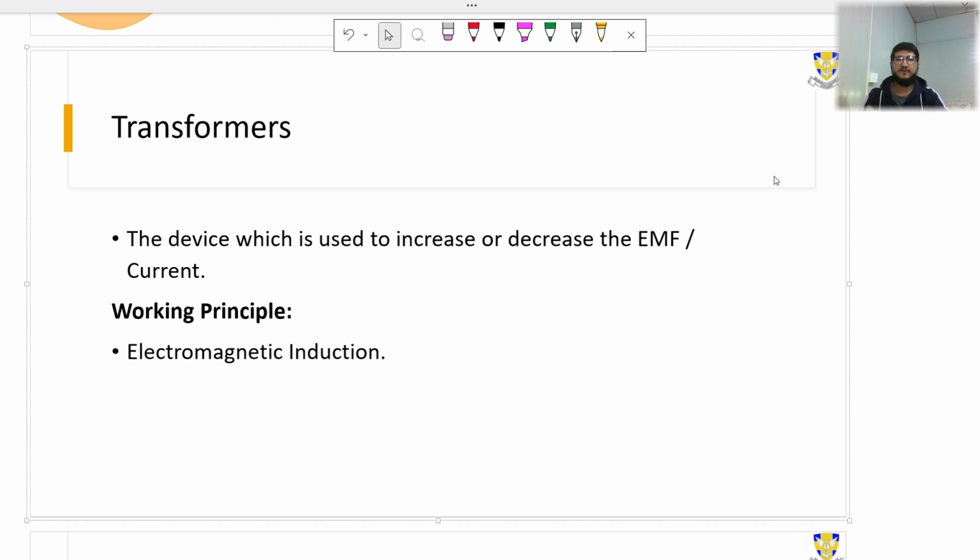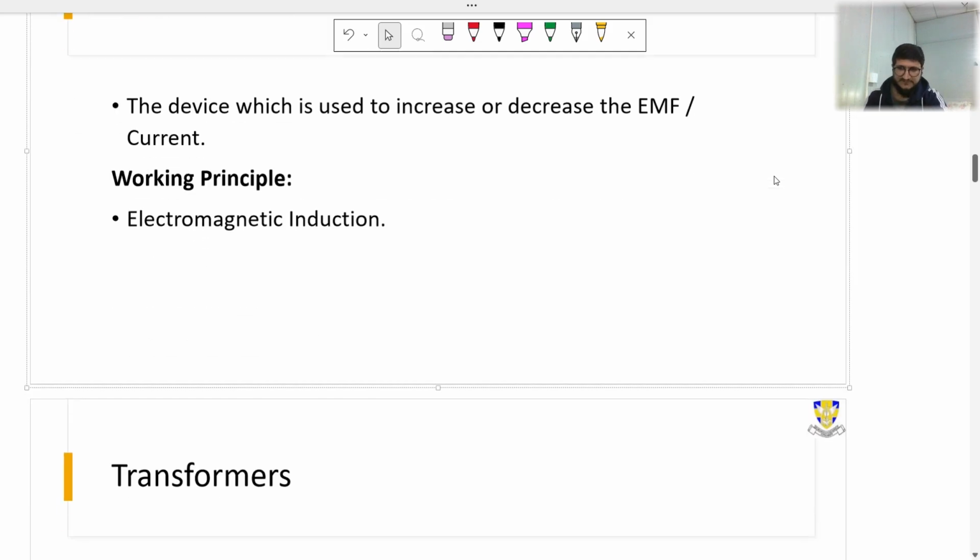When you talk about the transformer, there are two types of transformer. One is a step up transformer, and the other one is the step down transformer. Step up transformers are those which are used to increase the EMF, while step down transformers are those which are used to decrease the EMF.